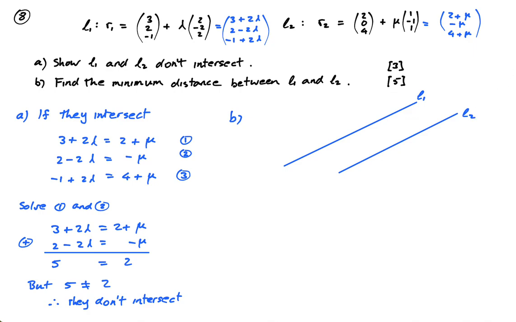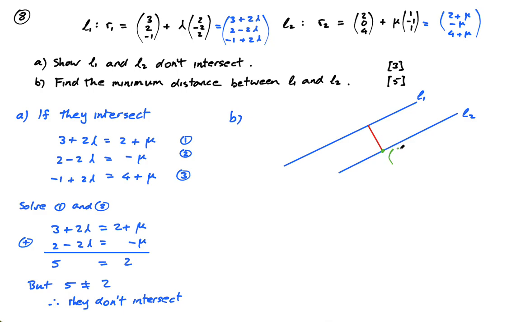Okay, the key to the distance between two lines is to find the perpendicular distance. This is the perpendicular distance. And I just need a point on either of these lines. So let's go with this point, 2, 0, 4. Let's say this is on L2, 2, 0, 4.